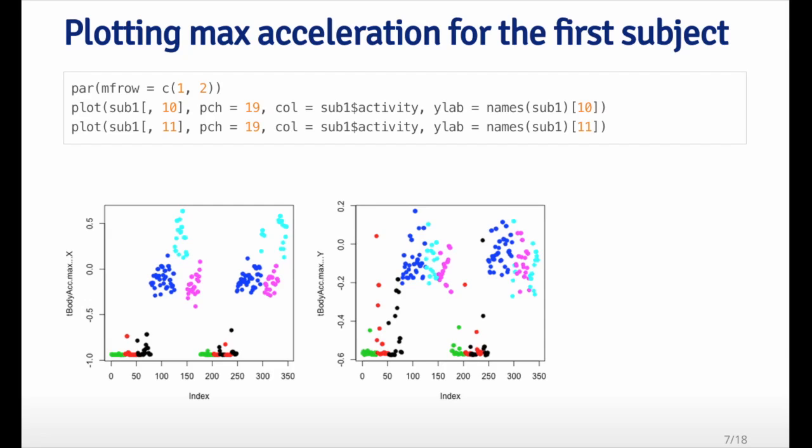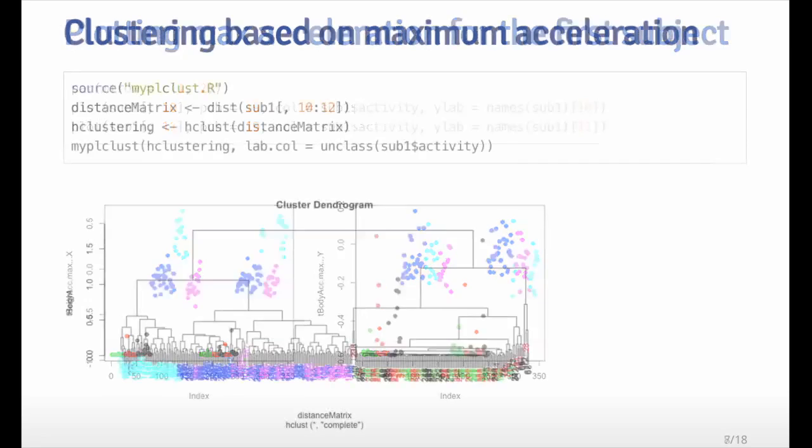And you can see that, again, for things like laying and standing and sitting, there's not a lot of interesting things going on, but for walking and walking up and walking down, the maximum acceleration shows a lot of variability. So that may be a predictor of those kinds of activities, or at least of separating not moving from moving, which might be obvious in retrospect.